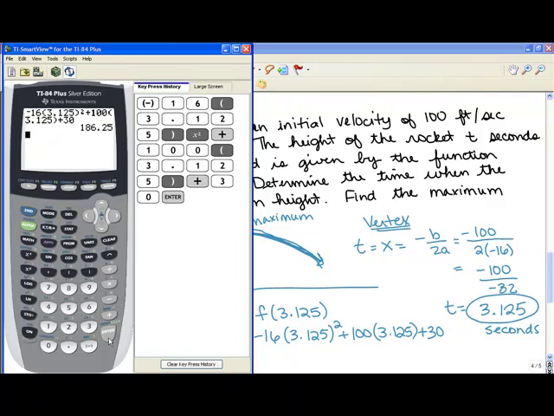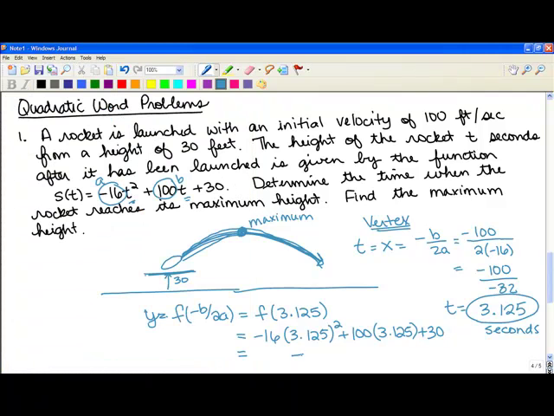Alright, so the answer is 186.25. So it reaches the maximum height of 186.25 feet after 3.125 seconds. So this problem just involved finding the vertex, using the vertex formula, and then interpreting the results.